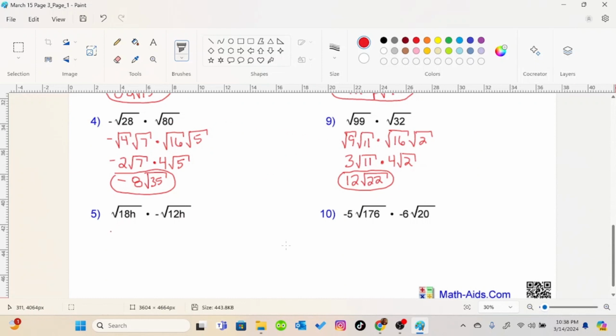Number 5. The square root of 18h is the square root of 9 times the square root of 2 times the square root of h. And the square root of 12h is the square root of 4 times the square root of 3 times the square root of h. The square root of 9 is 3.